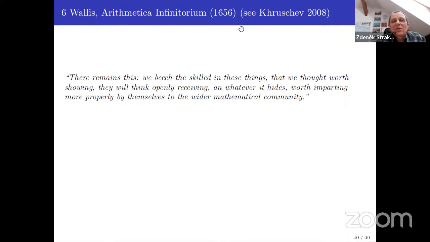And so in this book that I haven't read, of course, but I have it from that book about continued fractions in the view of Euler, the book by Khrushchev, it says that those who are skilled in these things will show them openly, and whatever it hides, both imparting more properly, I should underline that, by themselves to the wider mathematical community. So I hope that some people will take over and show, maybe if there's some seed here, we might develop it later.